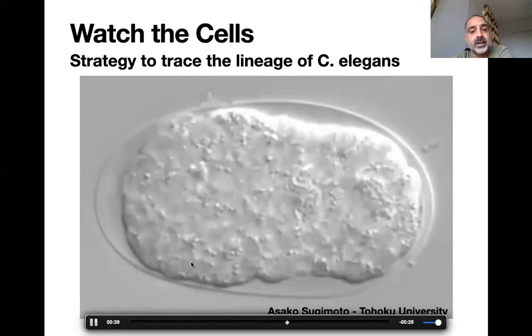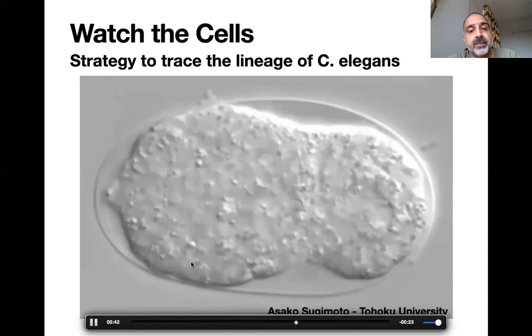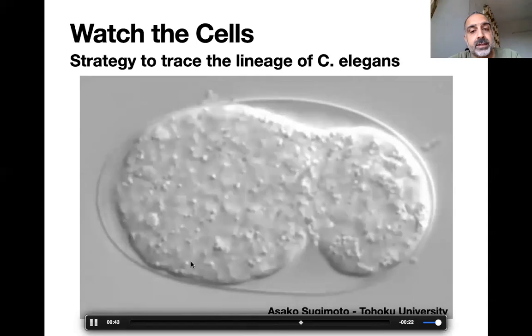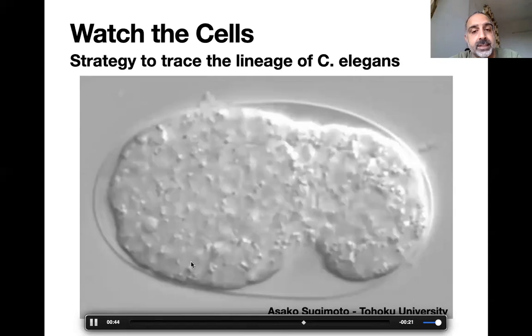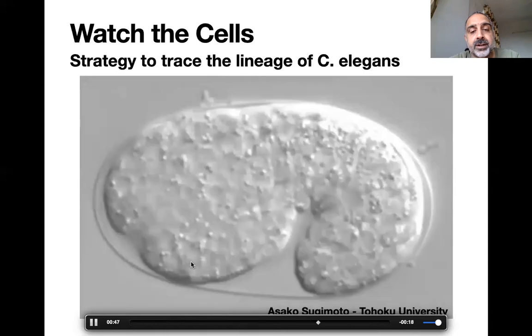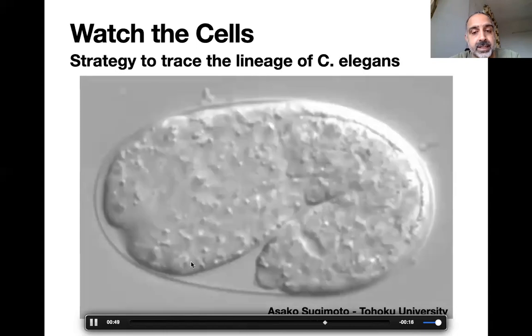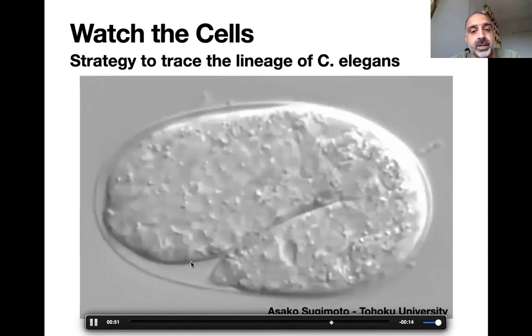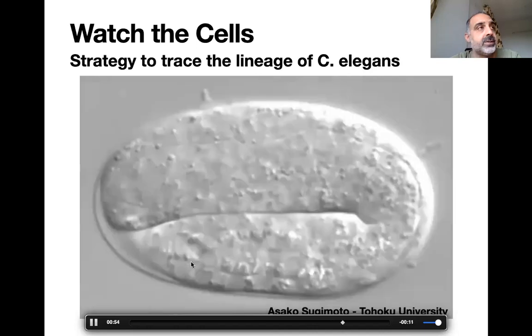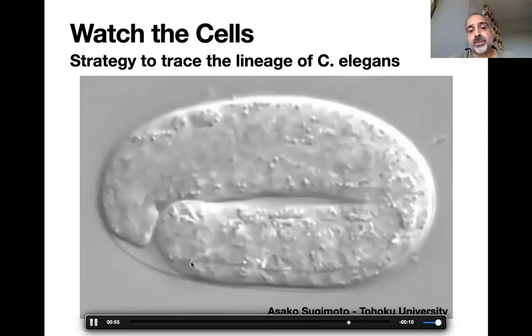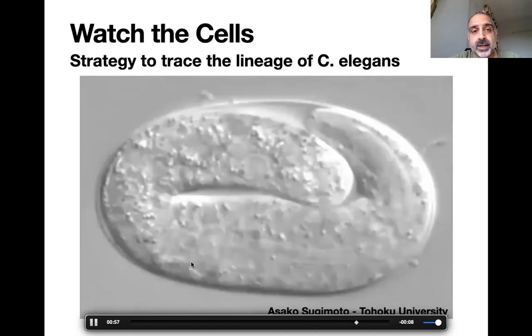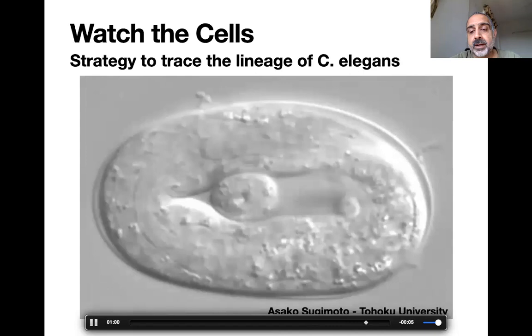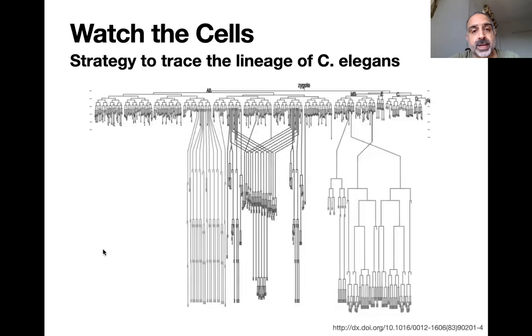The C. elegans embryo at these stages only has 959 somatic cells. And so it's relatively easy to understand the lineage of a particular cell. Just by looking, Sulston was able to trace every single cell in the C. elegans embryo.